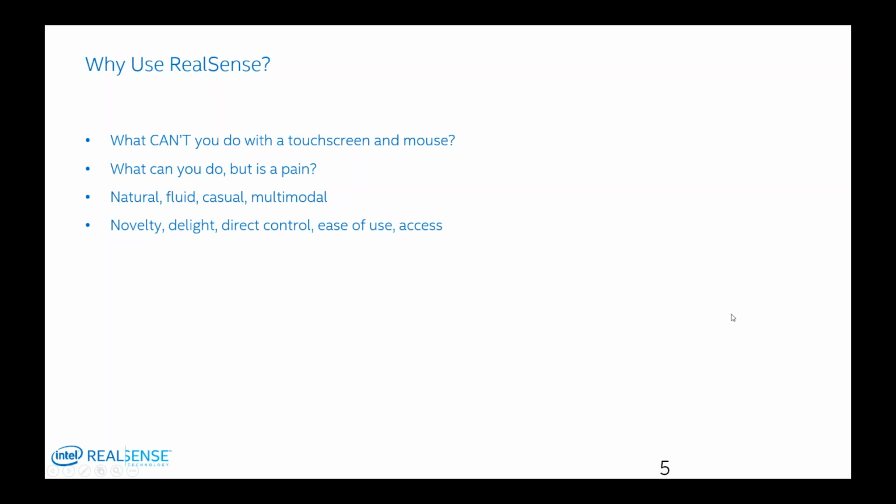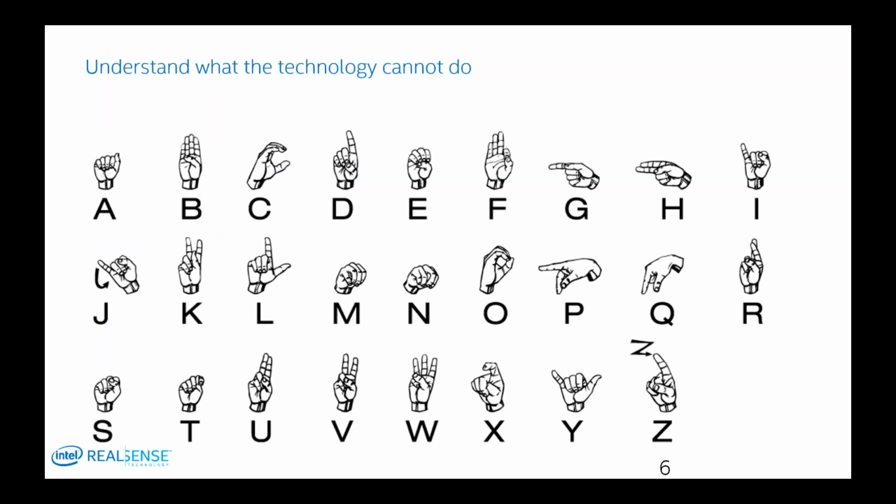For example, I've seen many projects of people trying to re-implement sign language recognition. Sign language is quite complicated, so unless you're a machine learning guru, I would say just don't try it. The alphabet is maybe easier to understand, and it's certainly possible with our camera. But for the alphabet, it's better to use a keyboard.